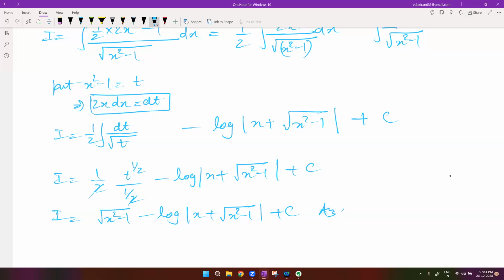So always convert your linear expression into something like this. Then let's try to solve one more.